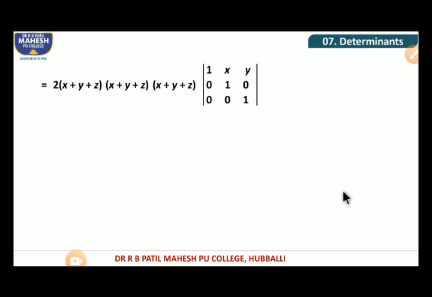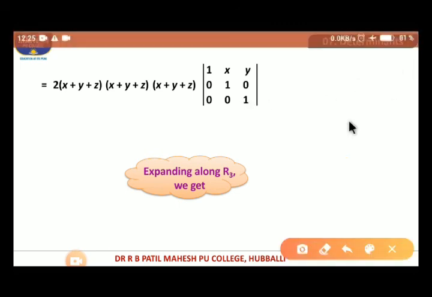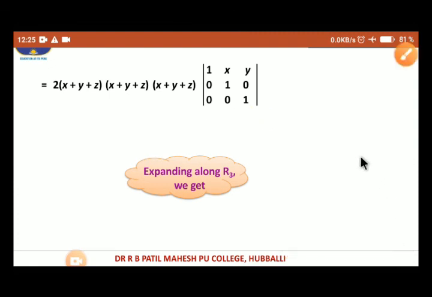Now we have 1 0 0 in the first column, so we can expand along c1, or here we have 2 zeros in the third row, so we can also expand along r3, where we have 0 0 1. For r3 we have the signs plus minus plus, and here we have the sign plus, right? Therefore we can expand here.